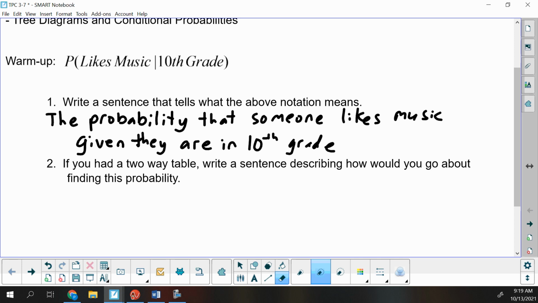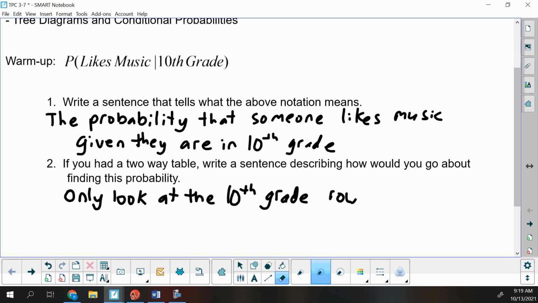So if you've got a two-way table, the way we would go about finding this probability is we would only look at the 10th grade. I'm going to write row/column because we wouldn't know if 10th grade was in a row or a column without actually seeing the table.